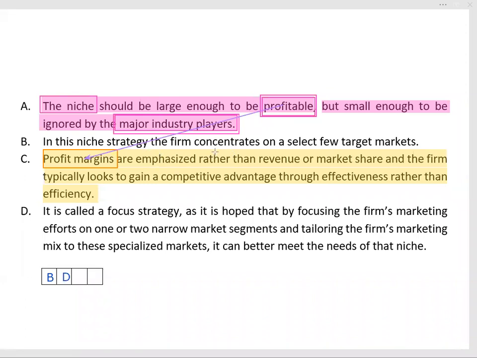Then again, profit margins are emphasized rather than revenue or market share. We see that market share is not emphasized. This can also be connected with A: ignored by the major industry players because market share is not the concern here. The niche doesn't cater to the larger market share, which the major industry players would hold and would probably make efforts to continue to hold.